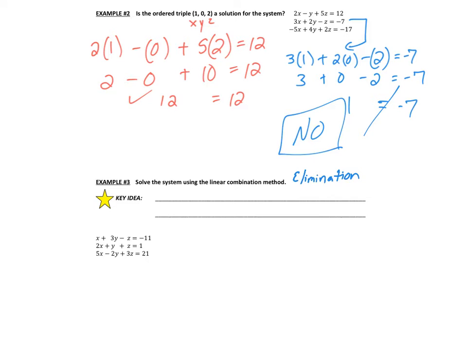And there's a couple key ideas. The first one is reduce the system from 3 equations to 2 equations.